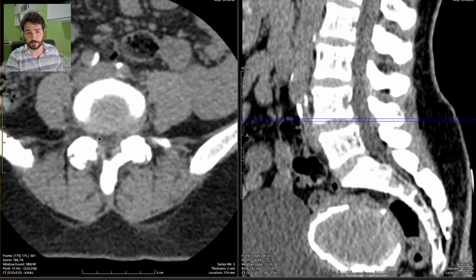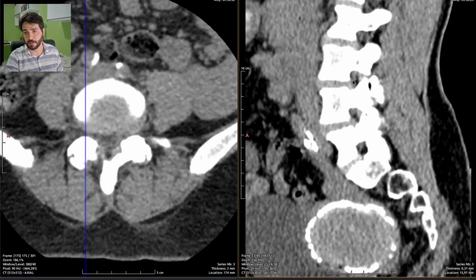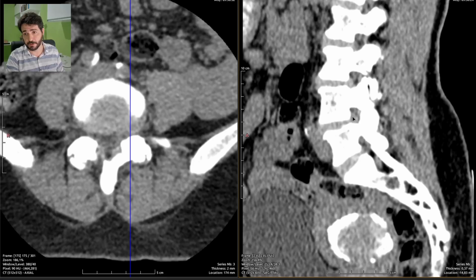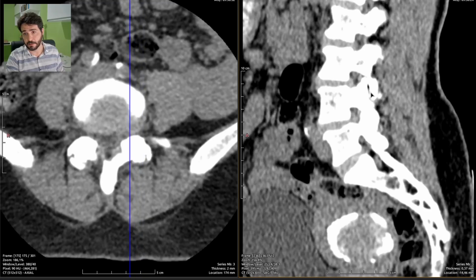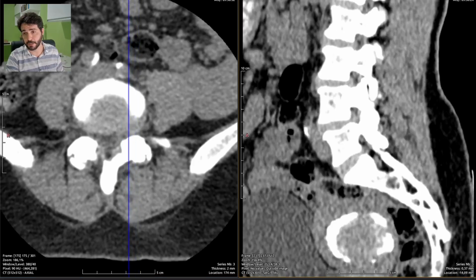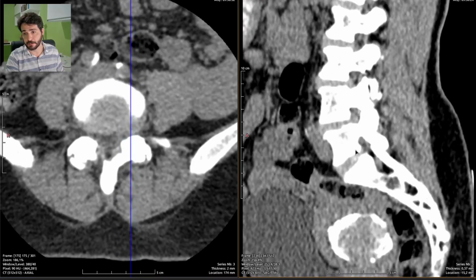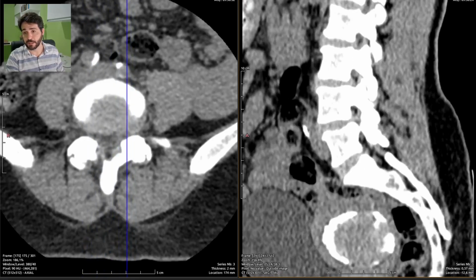This is also stenotic, and the neural foramina on the right is quite preserved, but on the left there is clearly seen compression of the emerging nerve roots. So this is causing pain.